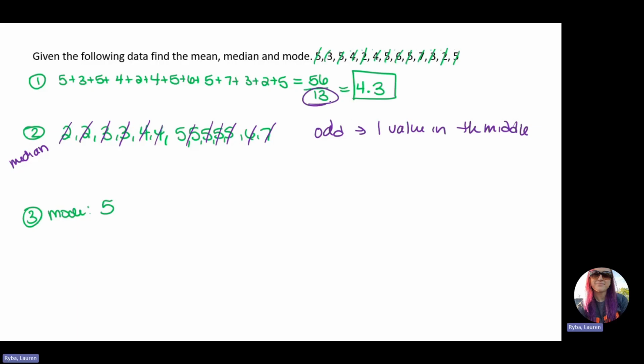I had 13 pieces of data, so that's an odd total. I will have an exact middle, and that is 5. So this 5 has 1, 2, 3, 4, 5, 6 values below it, and 1, 2, 3, 4, 5, 6 values above it. That is what makes it the median. It is the data value that splits my data in half.